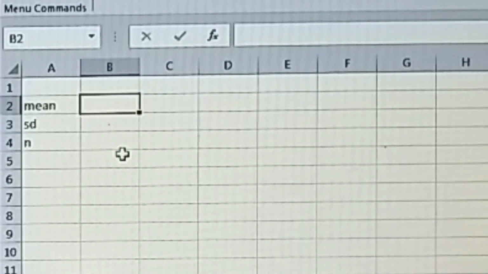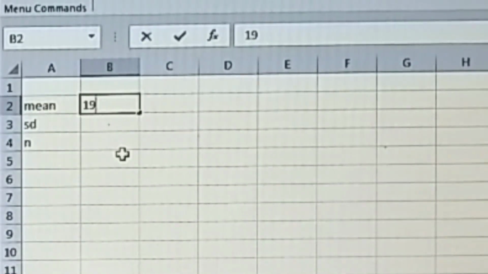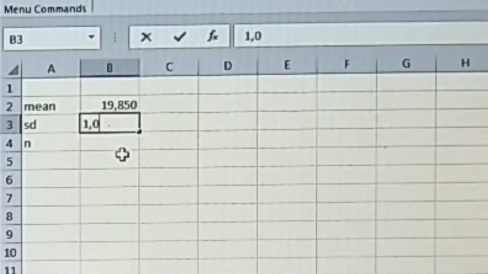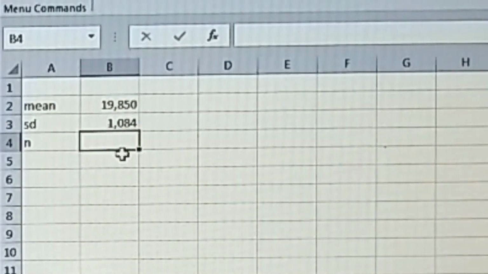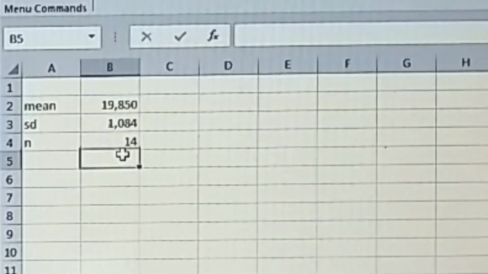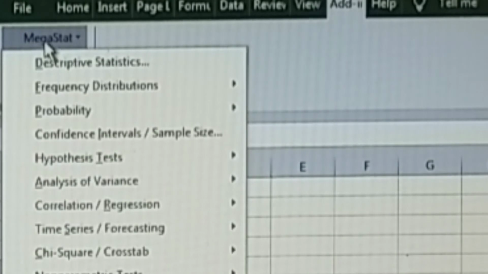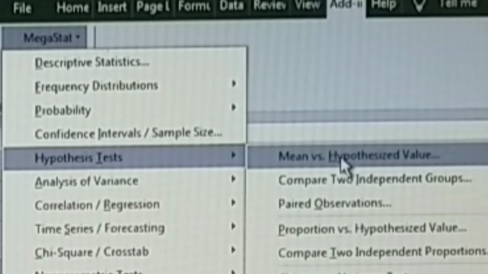For the mean, we have 19,850, standard deviation 1,084, and for the number of samples, we have 14. So we click MegaStat, hypothesis tests, mean versus hypothesized value.